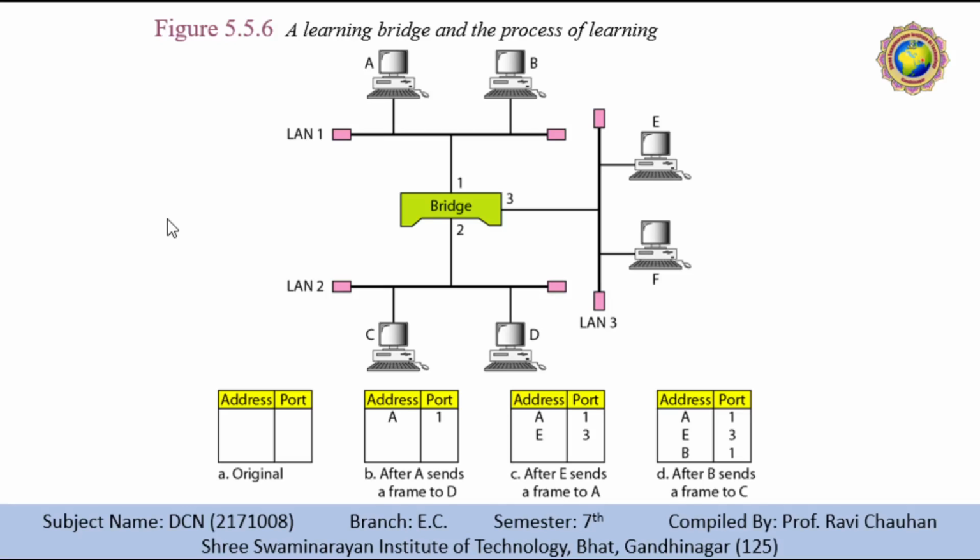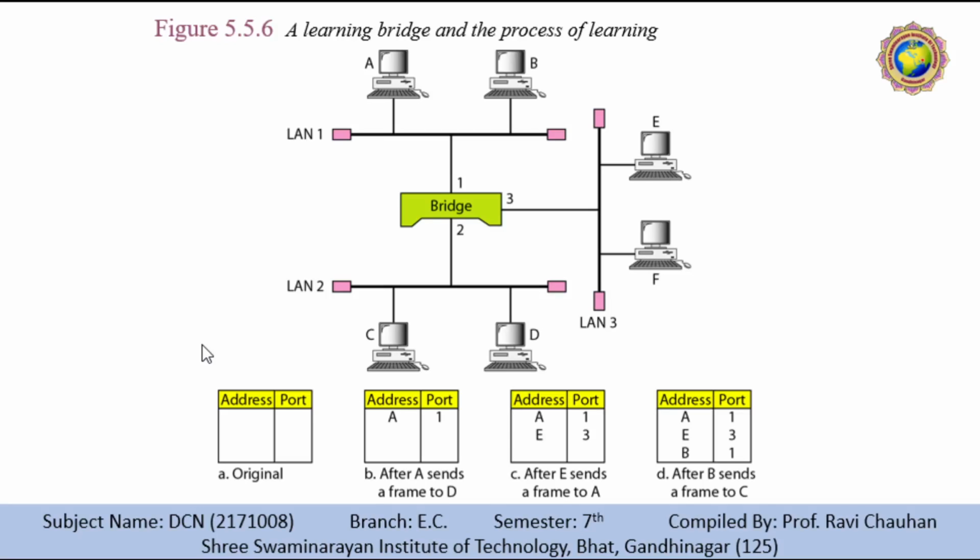To do this, our bridge inspects both the destination and the source address. The destination address is used for a forwarding decision, just like our table lookup. The source address is used for adding entries to the table and for updating the process.